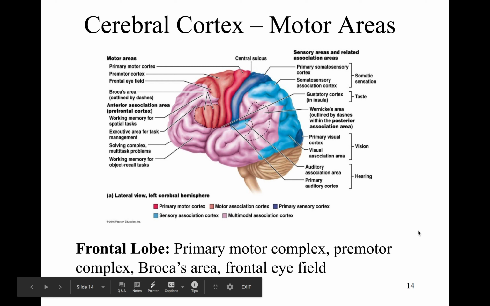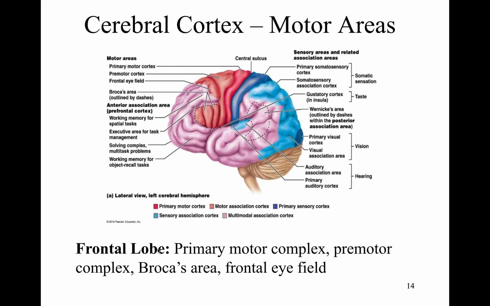So all of these motor areas are located on the frontal lobe. We're going to walk through each individual area and briefly describe the function of that motor area.